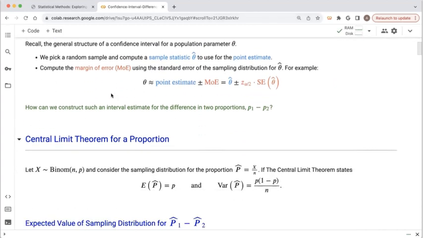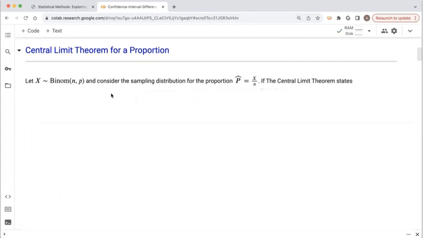Let's first recall the central limit theorem for a single proportion, since what we ultimately want to find is the standard error for the sampling distribution for a difference in two proportions. This is going to use some facts about a sampling distribution for a single proportion.